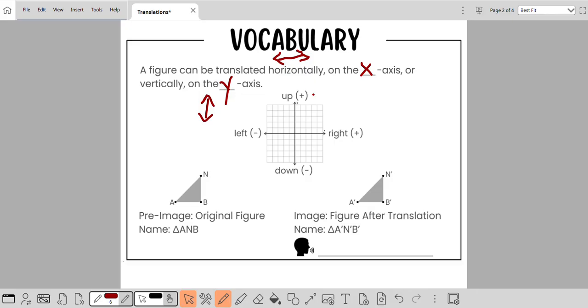So you have to know that that small mark, I'm going to go ahead and write one. I'm going to write A, and that small mark here, that means A prime. The prime is where you end up after you have performed that translation. So again, the name of this triangle here would be triangle A prime N prime B prime.